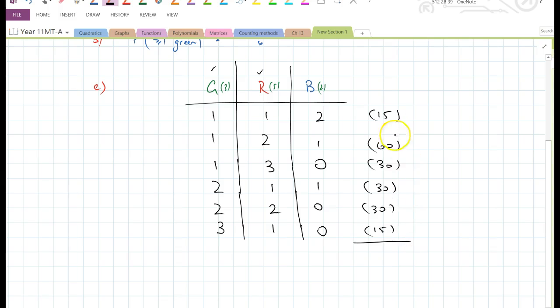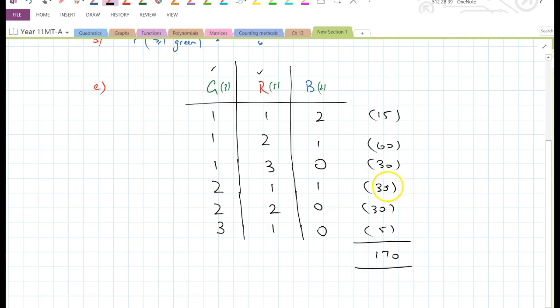So we sum those. 15, 60, 30, 30, 30, and 1 times 5 is 5, not 15, because I know that I should be getting 170 here.